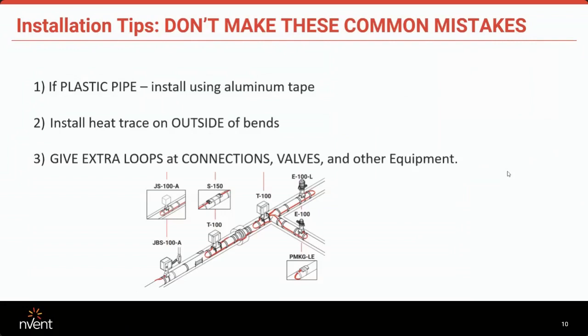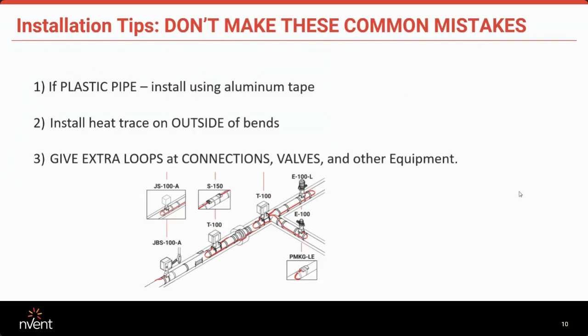As an example, when you're doing a T connection, where you have 3 heat trace sections coming into one unit, if something ever happens to that connection system or the heat trace cable that requires you to remove it and try to reinstall it, and you don't have any extra play with heat trace in that section, it may require you to actually strip back a lot more cable, or introduce an extra splice kit to try to compensate for that.